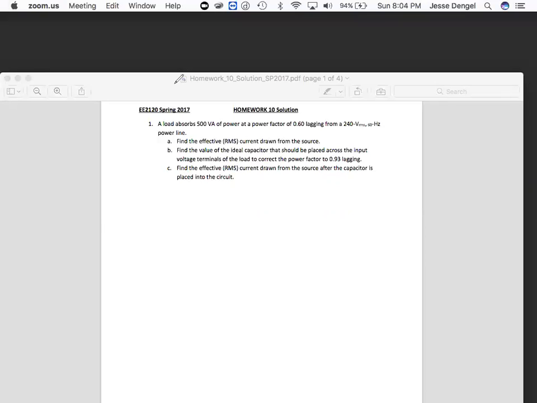So we have a right triangle here. We have our VA as the hypotenuse, our volt amps, which equals apparent power. I'm going to put apparent power.